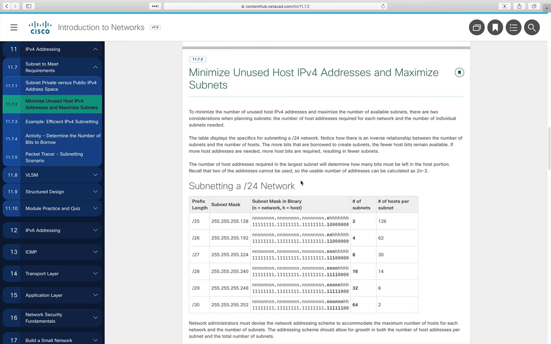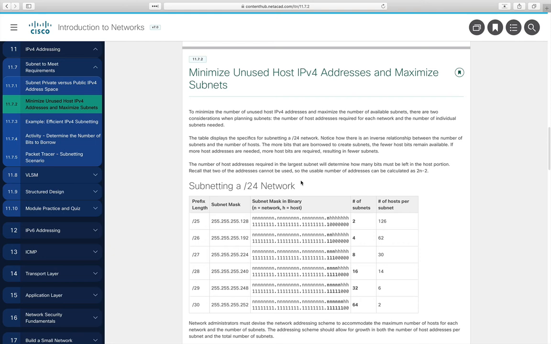This is called minimize unused host addresses and maximize subnets. So previously we were subnetting based upon the number of subnets we wanted. Now what we're going to do is do that based on the number of hosts per subnet, and only allow us to have enough host bits to cover what we need.